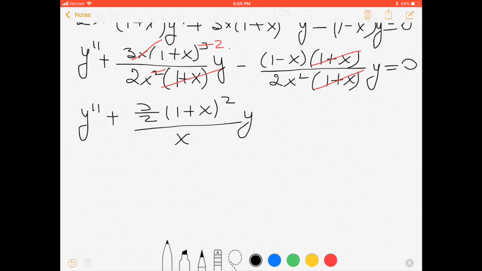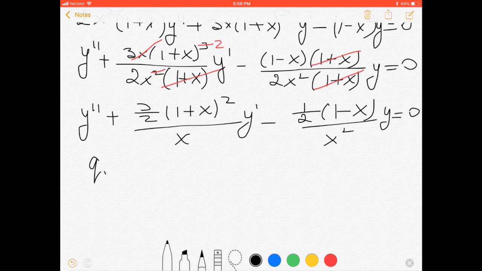Oh, I forgot about the first derivative, minus 1/2 (1 minus x) over x squared y equals 0.